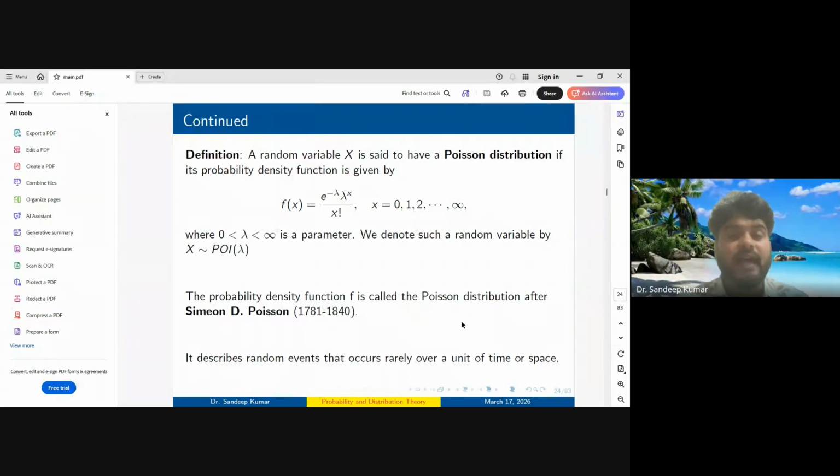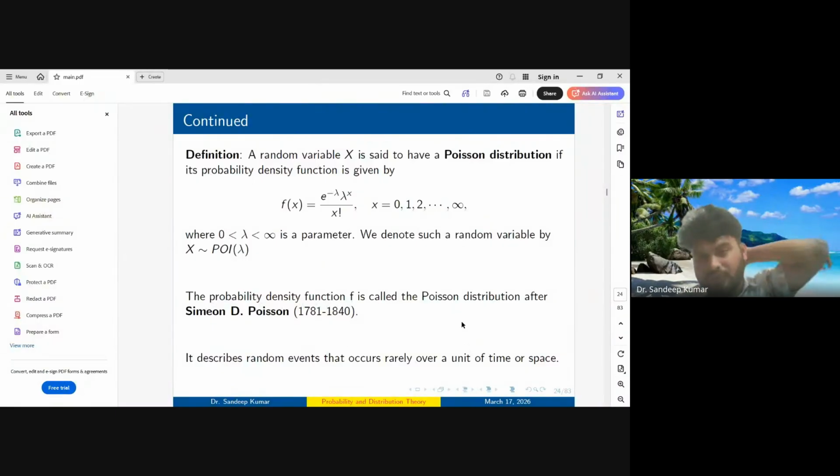Here lambda is the parameter of the Poisson distribution, and x is the random variable. x takes values 0, 1, 2, up to infinity, where lambda lies between 0 and infinity and is a parameter. We denote such a random variable as x follows Poisson distribution with lambda in brackets. Here lambda is the parameter of the Poisson distribution.